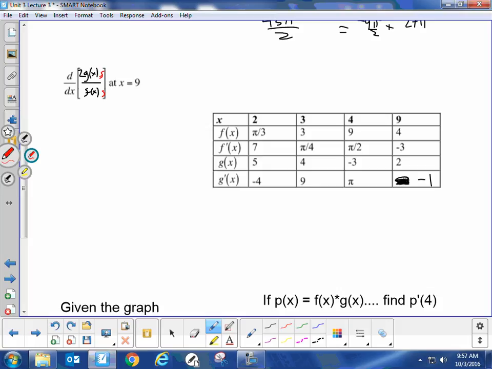Now you can either lump in the 2 or you can leave the 2 out. It's up to you. Probably in this situation, I would lump in. Check your answer with a neighbor, and let's see what we get.